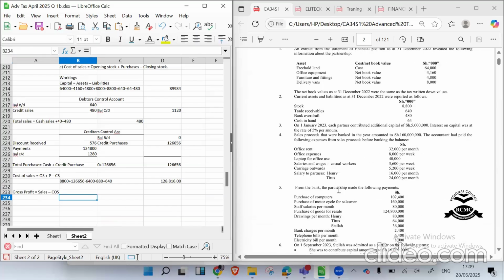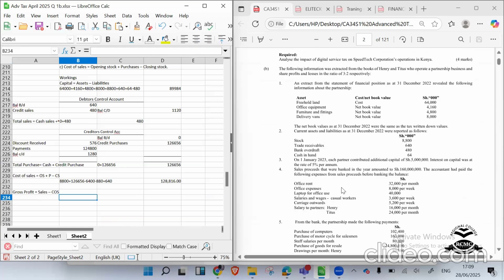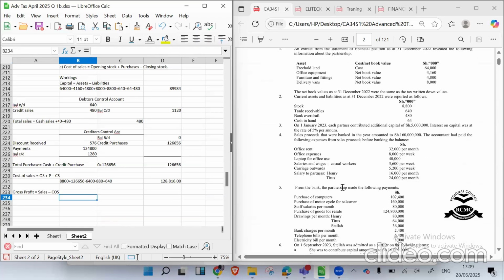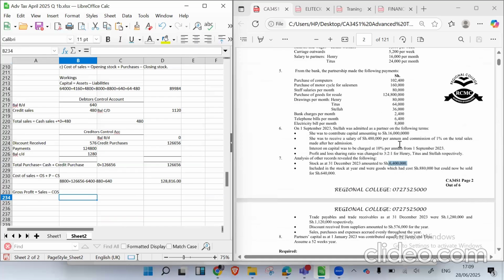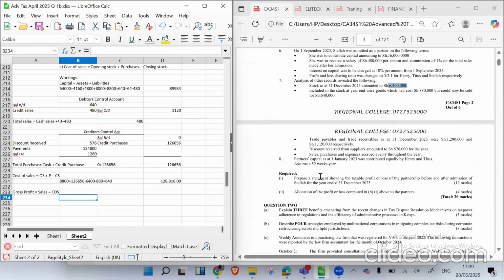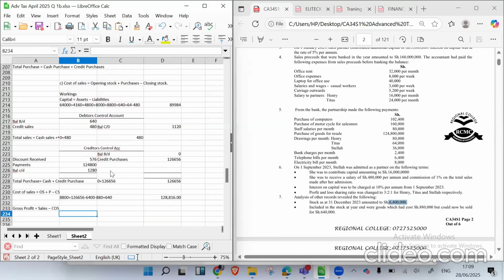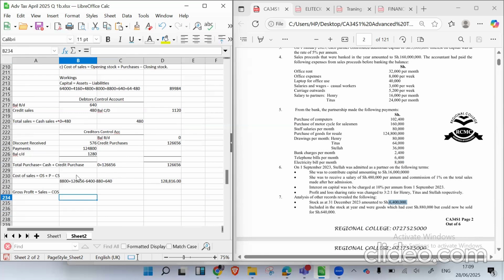Sales minus cost of sales. Do you have our sales? Sales zetu tulikuwa nazo hapa juu kwa debtors 480. Tulikuwa na total sales za 480, si ndio? Yes. So 480 minus cost of sales of 128, 816.